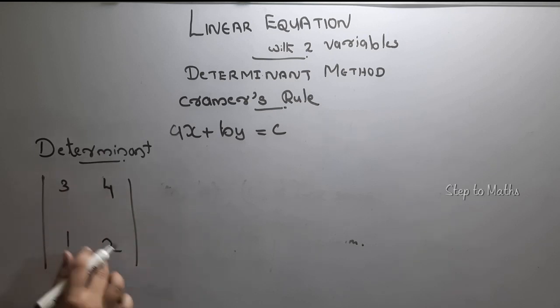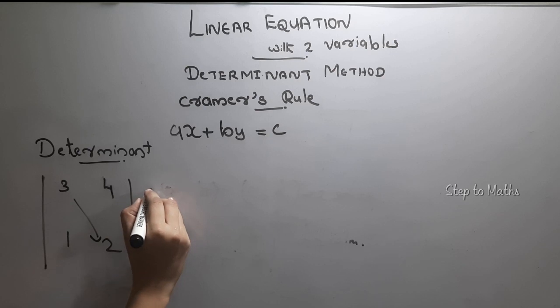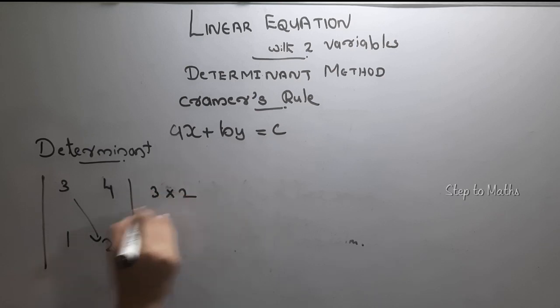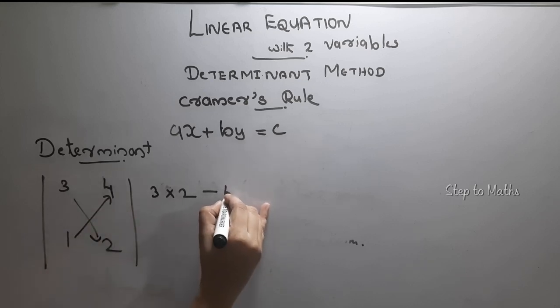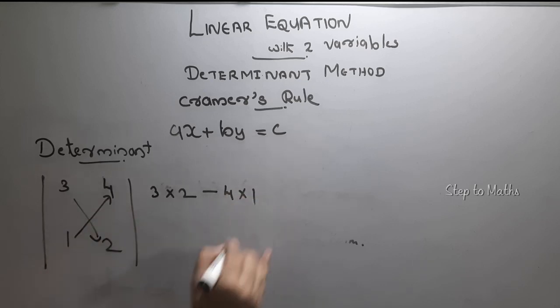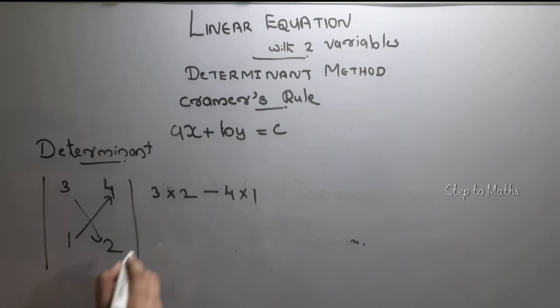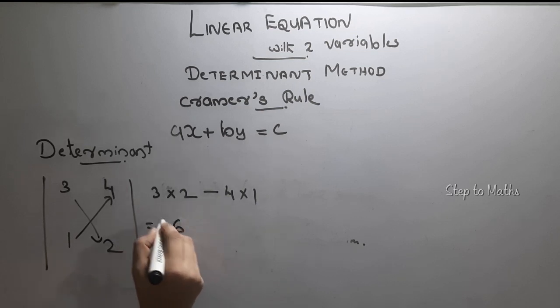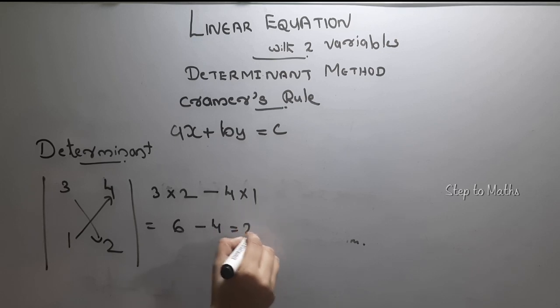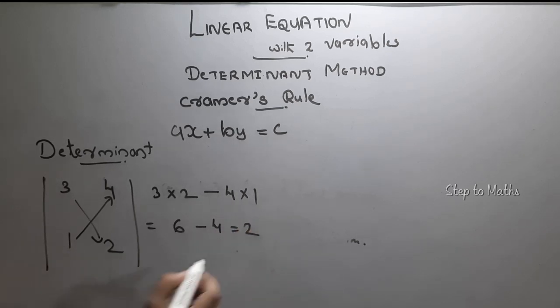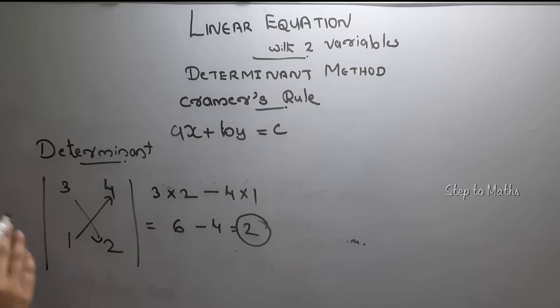Then how can we find the value of this determinant? 3 into 2 minus 4 into 1. 6 minus 4 equals 2. This is the value of this determinant.